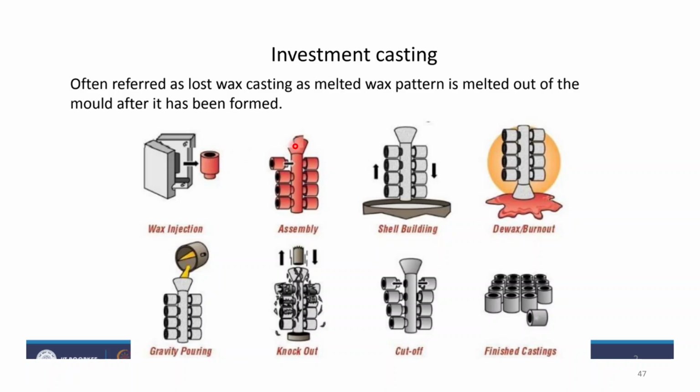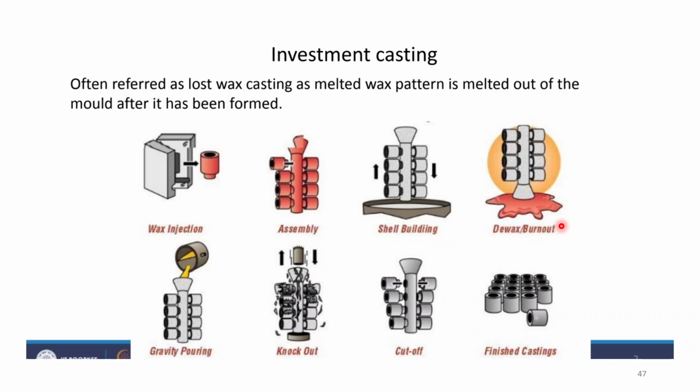Then you assemble various parts, then this is dipped inside the ceramic slurry. This ceramic slurry will form various layers, and then finally this wax will be evaporated or burnt out. So this is known as de-wax or burnout.